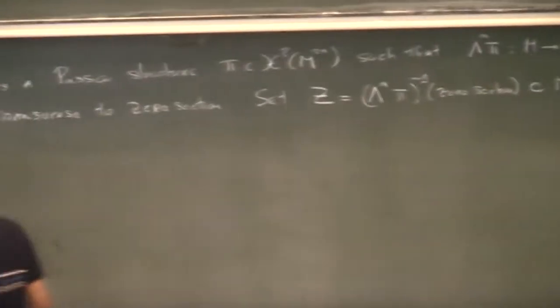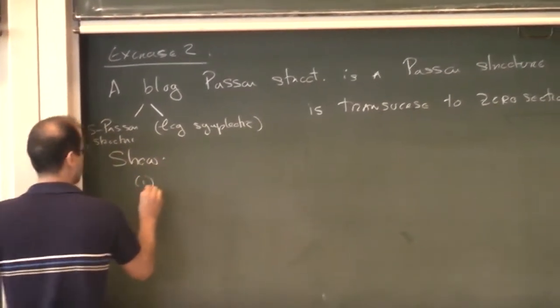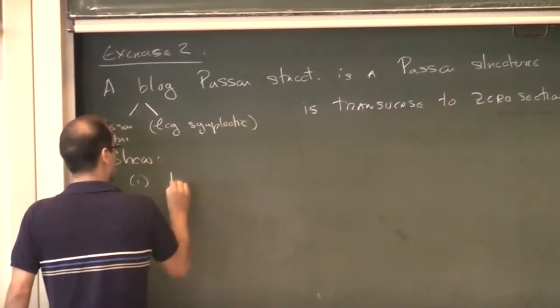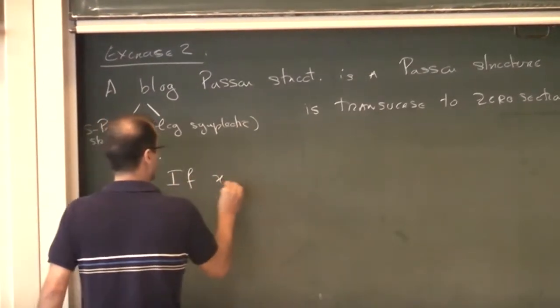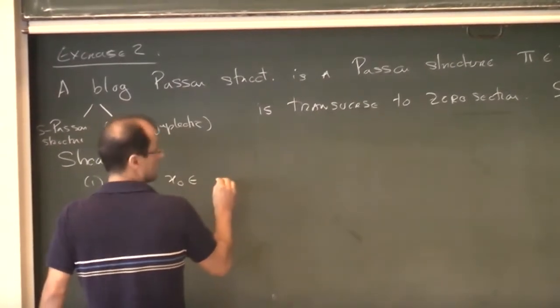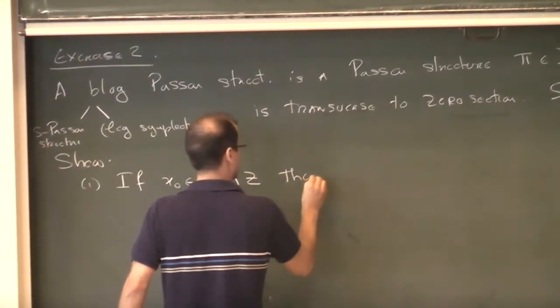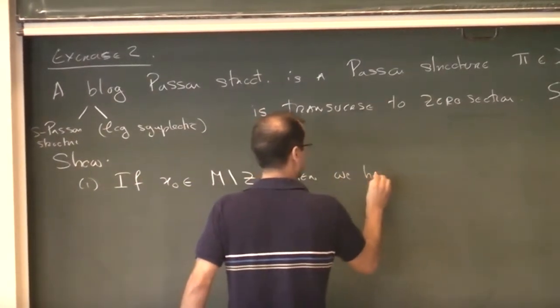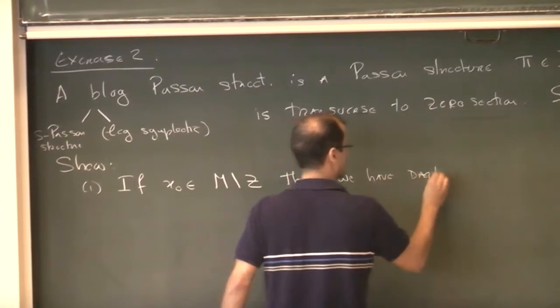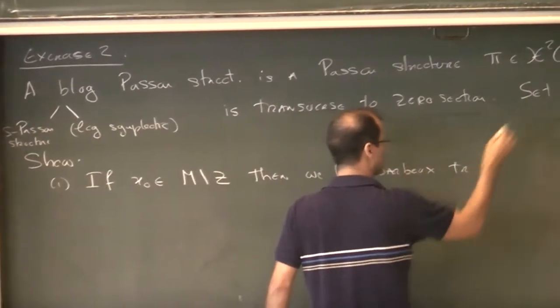Okay, so the exercise is to show, well, first, that's the trivial part. If you take a point outside this zero set Z, then we have Darboux coordinates. Well, that's trivial because outside of that pi is symplectic.